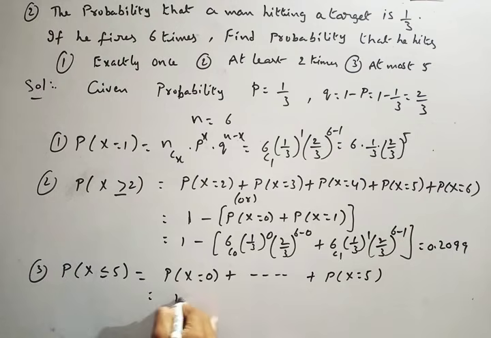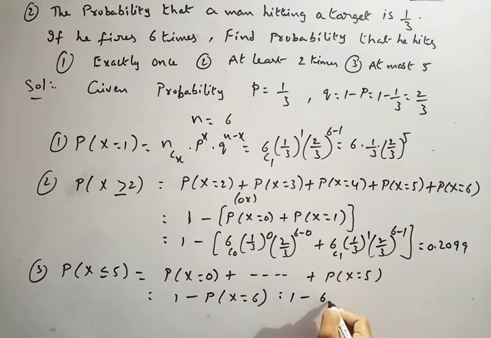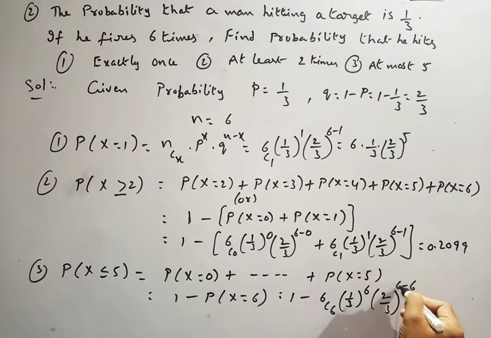Instead of this, simply subtract P of x is equal to 6 from 1, and you will get the same answer. So 1 minus 6C6, 1 by 3 power 6, and 2 by 3 power 6 minus 6. Using the calculator, I got the value 0.999.